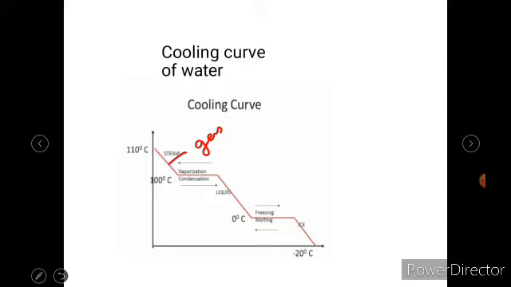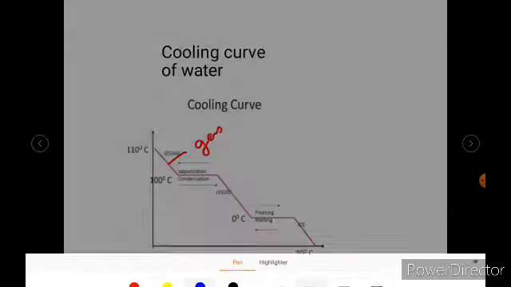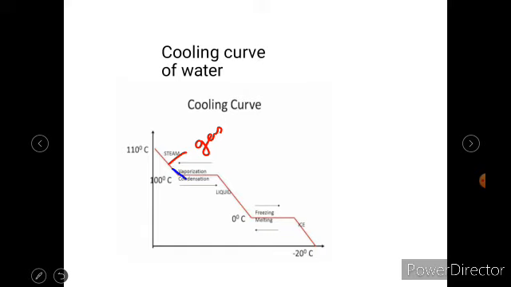Now as soon as we start cooling this gas, after reaching this point at 100 degrees C, in this place you will find that it contains gas plus liquid.